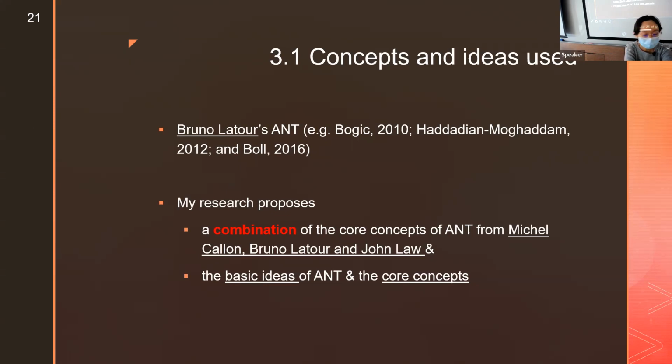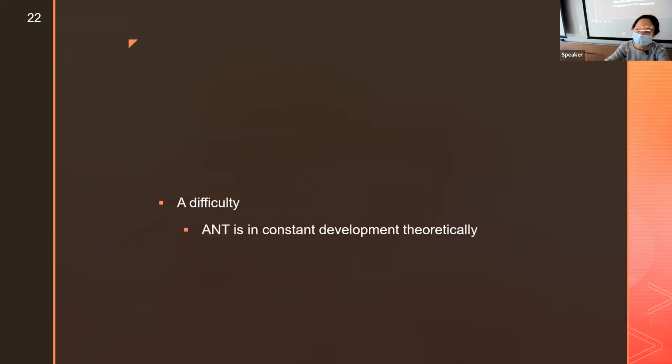In my research, I first introduced the basic ideas of ANT to clarify the logic of the theory, and then moved on to explain its key concepts. But a difficulty in understanding ANT is that the theory is in constant development.